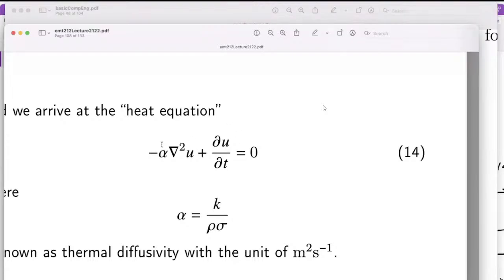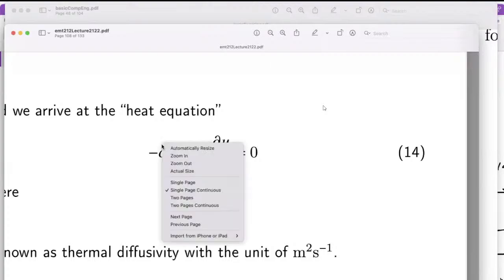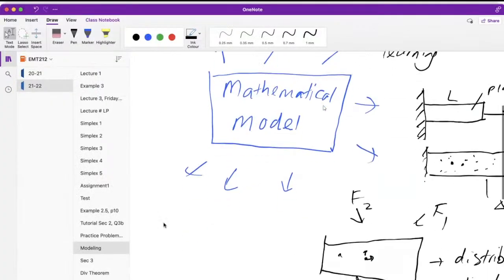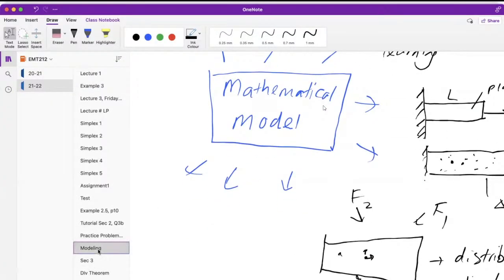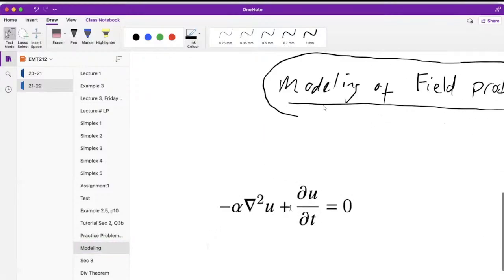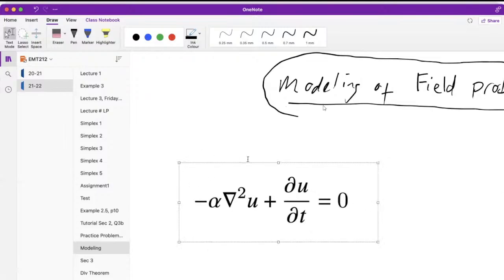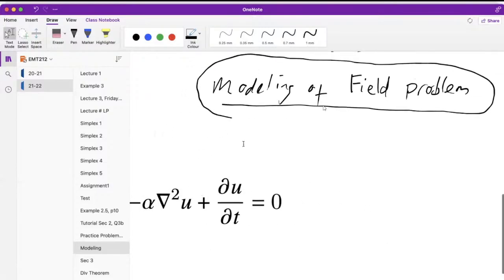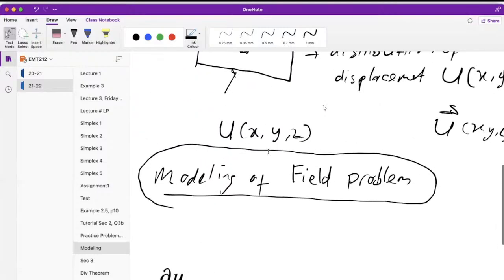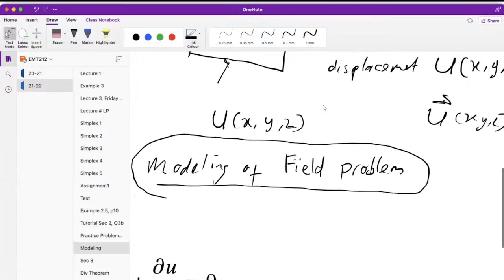Let me just copy and paste. So you have this form of equation that you can build, or you can describe certain or many problems in physics.